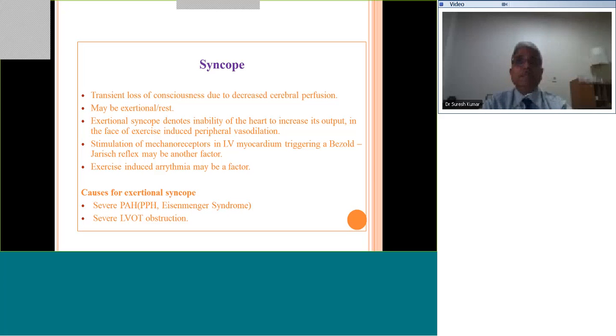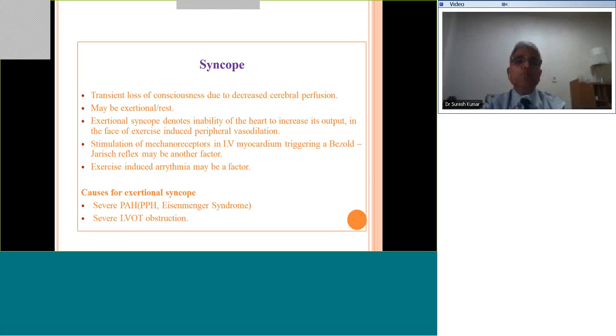Exercise-induced arrhythmia could also be a factor for syncope in left heart obstruction or in right heart obstruction or pulmonary hypertension. So syncope is either due to an exercise-induced peripheral vasodilatation not compensated by an increase in the cardiac output, or an exercise-induced arrhythmia, or a mechanoreceptor-mediated reflex.